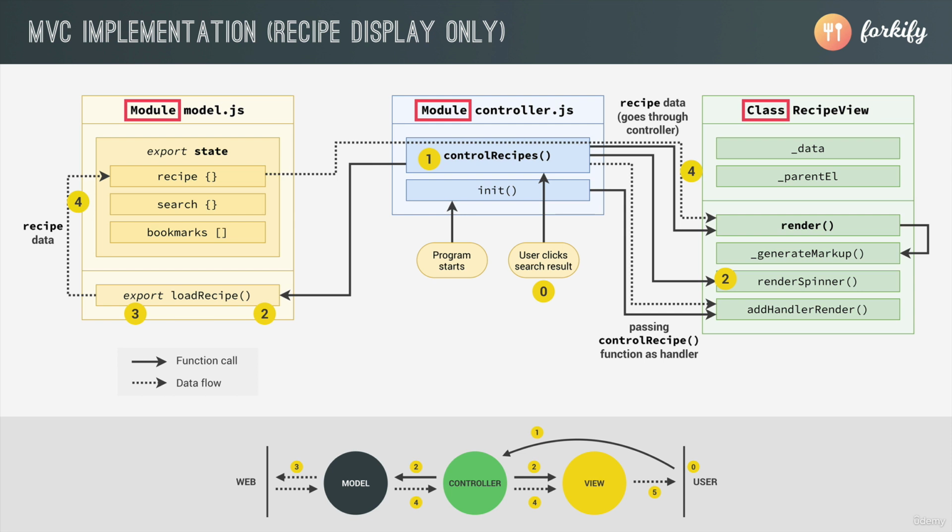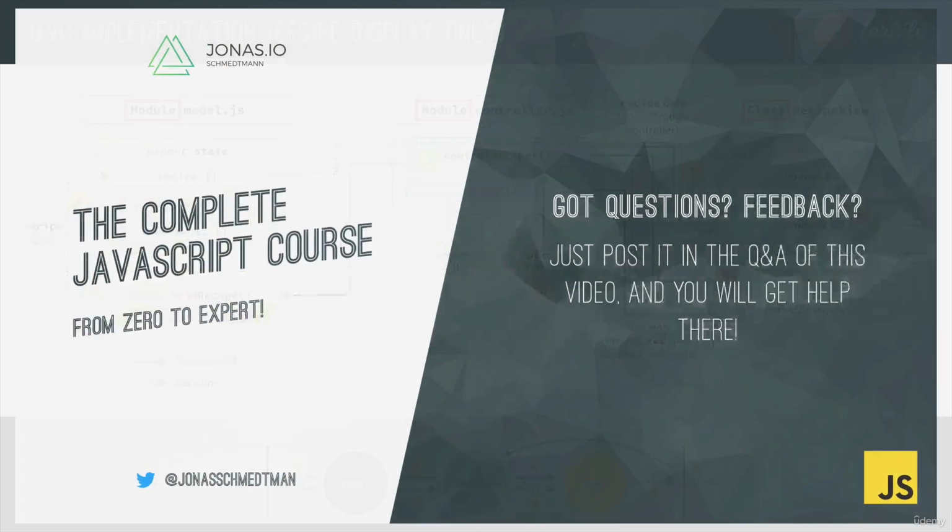And the controller then reaches into the state object, grabs the recipe data, and finally calls the render method on the recipe view with that data, in order to finally render the recipe to the user interface. So basically the exact same steps as before, but this time actually implemented in our code. Well, at least in theory. And so next up, let's actually go from theory to practice and implement this architecture in our code.